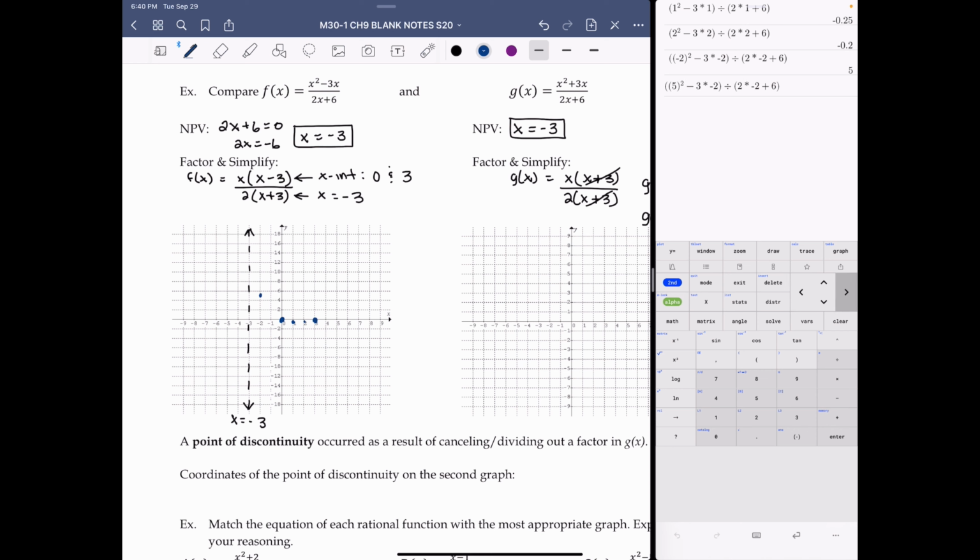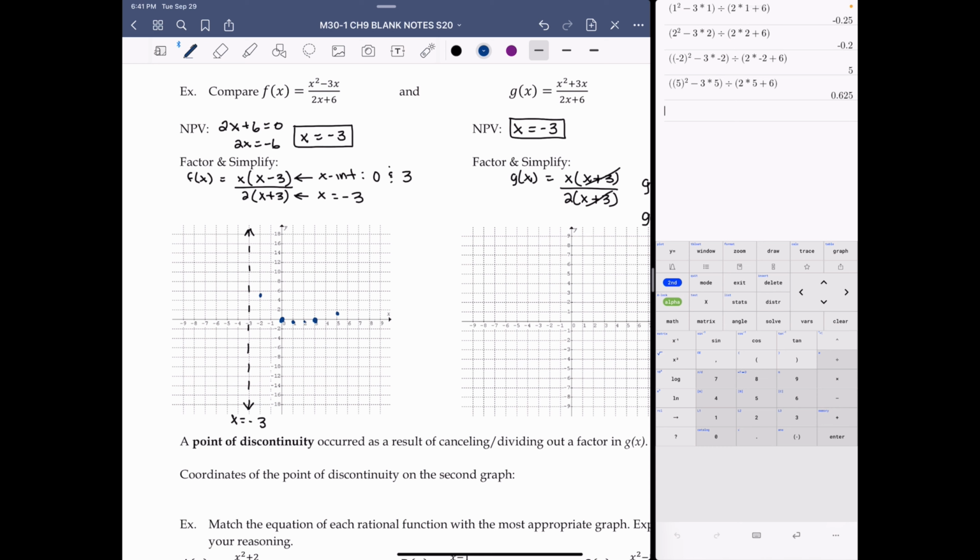Five squared minus 3 times 5 divided by 2 times 5 plus 6 gives us 0.625, so a little bit above the axis, about there.